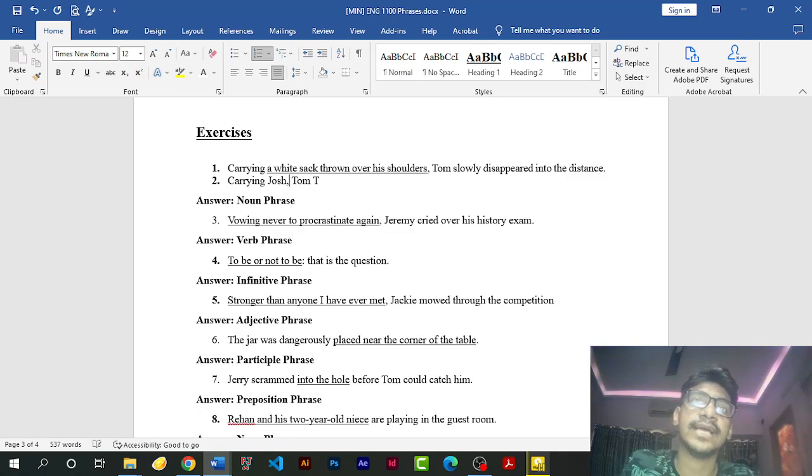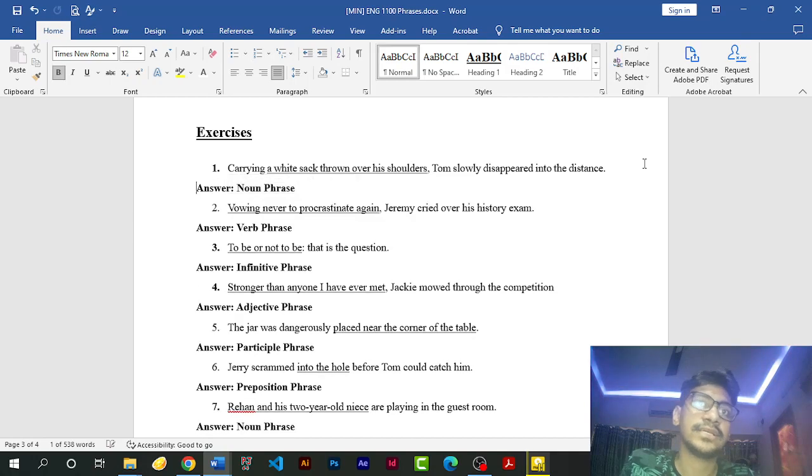So it can be any noun or proper noun, right? Or it could even be a pronoun: carrying him, carrying her, carrying them, right? So it's always a noun phrase.